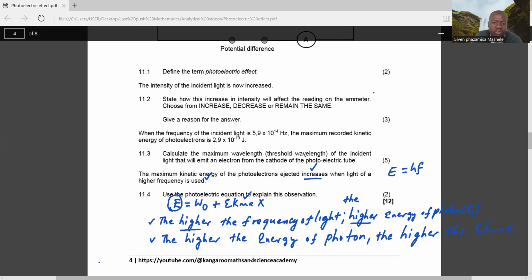They're directly proportional. So you see that the kinetic maximum will increase if light of a higher frequency is used.